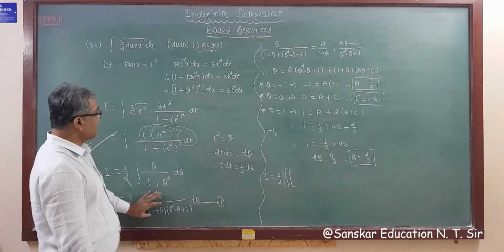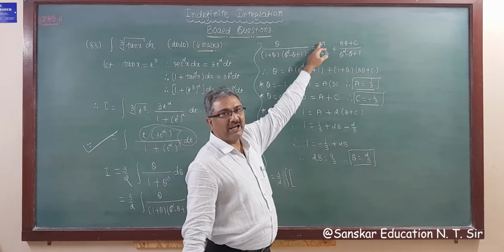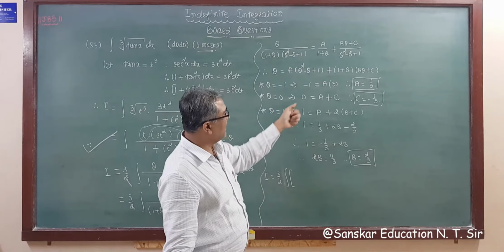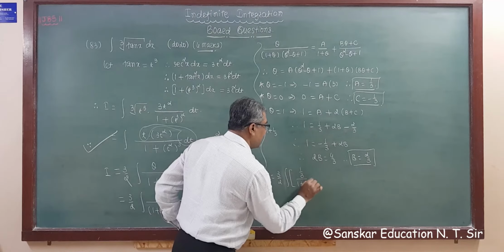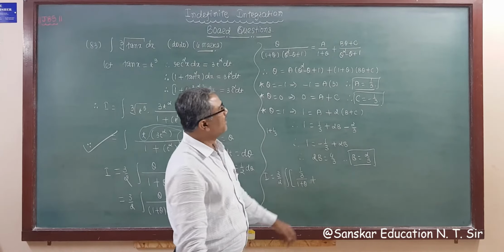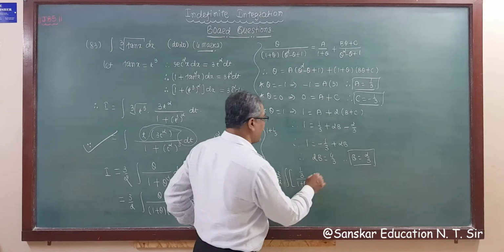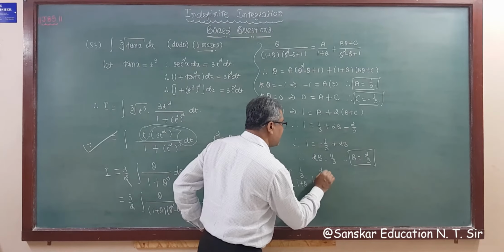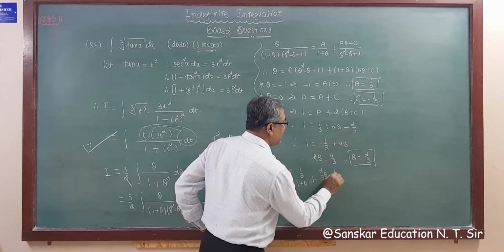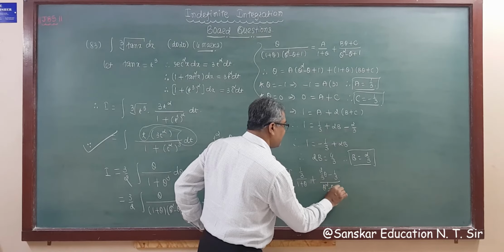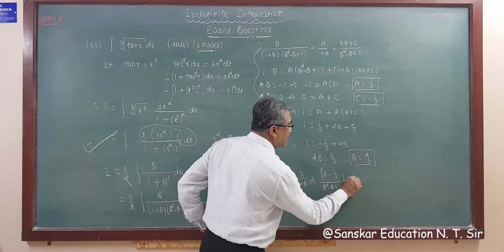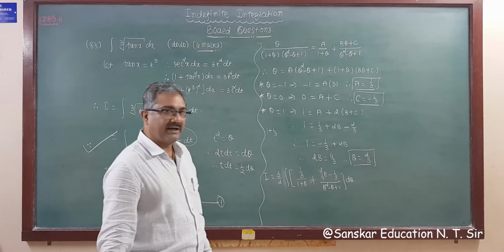Now this is here, so a upon 1 plus theta, what is a? 1 upon 3, so 1 upon 3 upon 1 plus theta d theta. Plus b theta plus c, b is 2 by 3, so this is 2 by 3 theta plus c, c is minus 1 upon 3 upon theta square minus theta plus 1 and d theta, right?